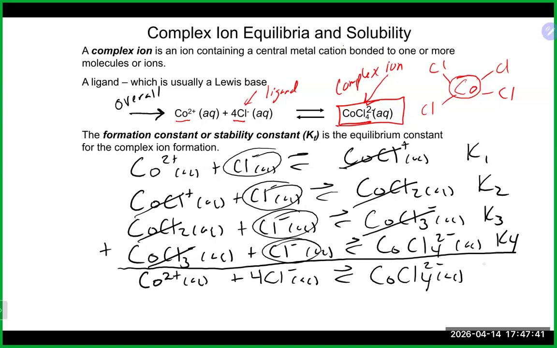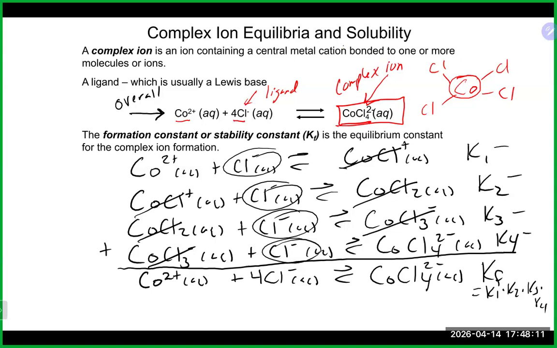If we wanted the Kf value for this and we happen to know all these individual K values, when we add these types of equations together, what do we do with the K values? We multiply them, yeah? We don't add them. So you can multiply K1 times K2 times K3 times K4, and that technically is how you could get the Kf value if you knew each individual step along the way.